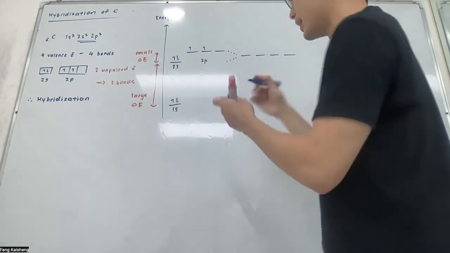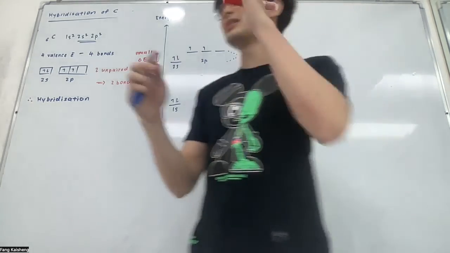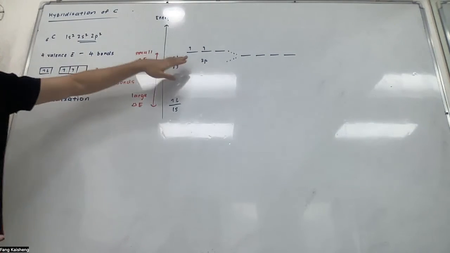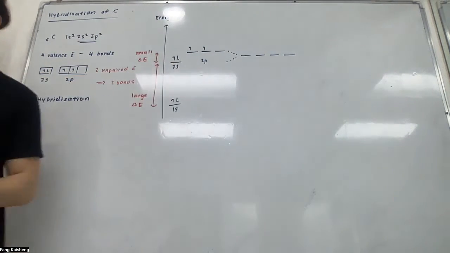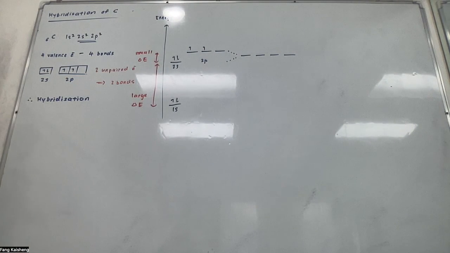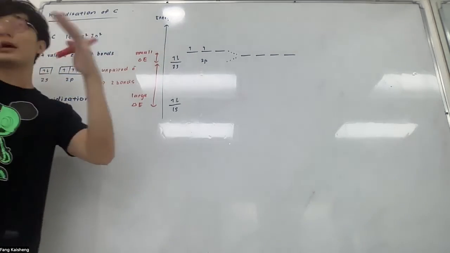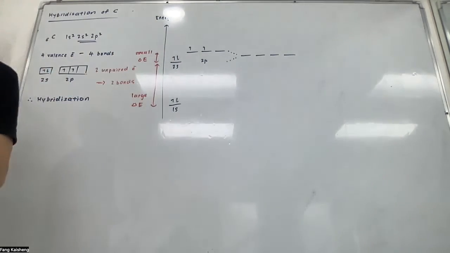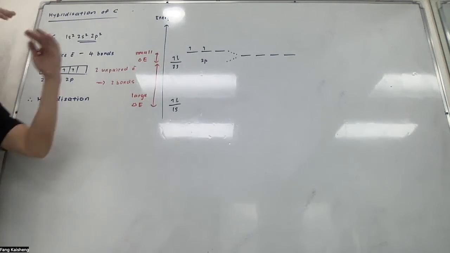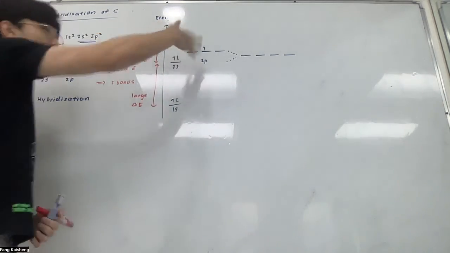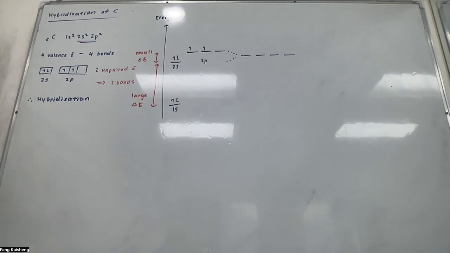In other words, I have now placed these 4 orbitals on the same level, somewhere in between the 2s and the 2p. Why am I able to do this? Because yet again, the energy gap is very small, and that's why they can pretty much reach an average. You can see the idea there. It's like the average between 2s and 2p, since the electrons are existing between both of these levels anyway.